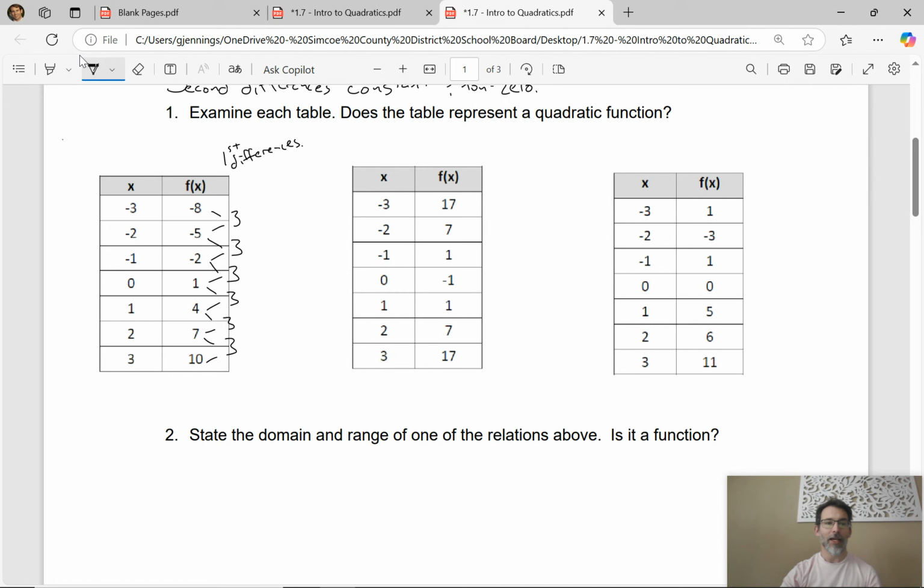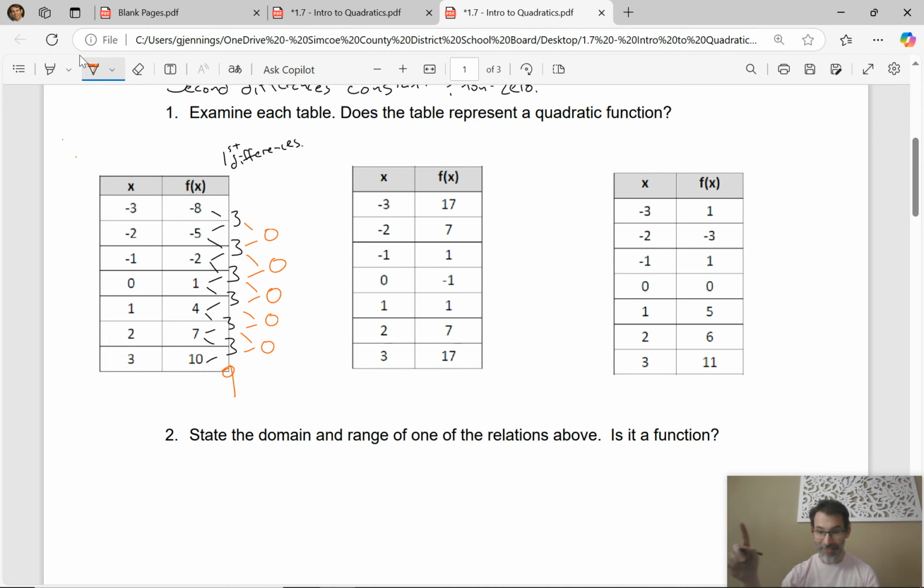But then we can take that a step further and analyze second differences. 3 went to 3, that changed not at all. Changed not at all. The rate at which it changed did not change. Okay, so it was rising by 3 degrees at a constant rate.